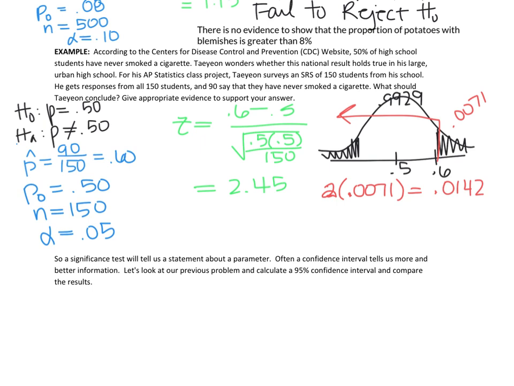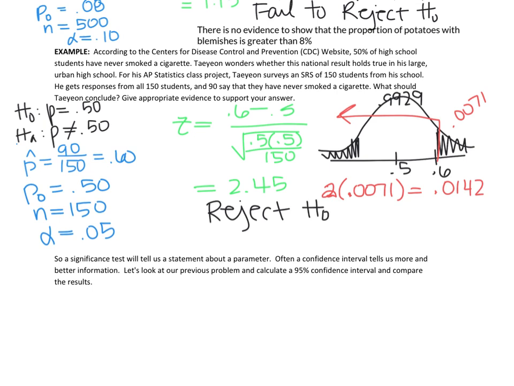0.0142. So we now compare 0.0142 to our alpha of 0.05, and it is less than, which means we reject our null hypothesis.